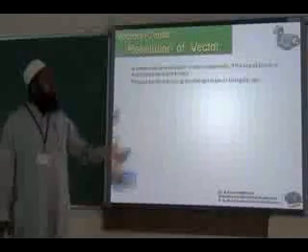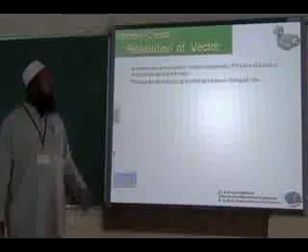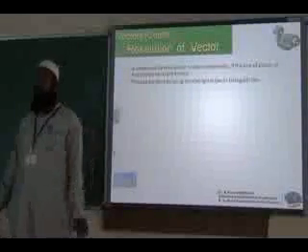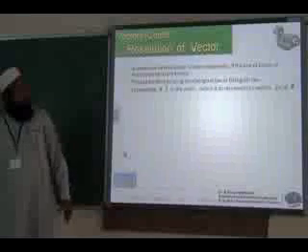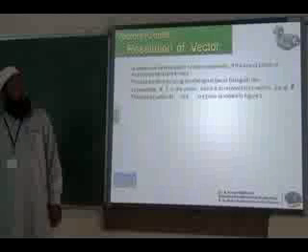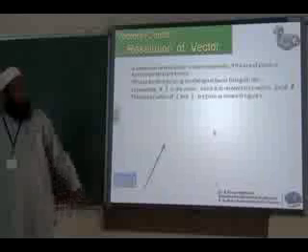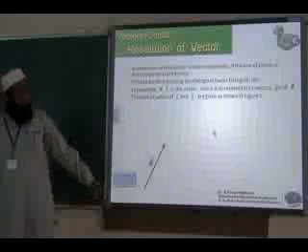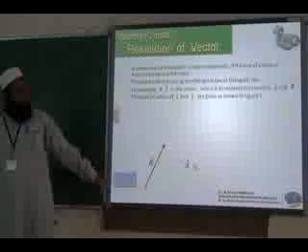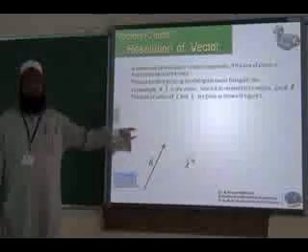So a vector can be resolved into two components if the lines of action of the two components are known. This can be done by using parallelogram law or even the triangle law. For example, you have R vector whose two components are to be found. A and B are the two components. Say the lines of action of vector A and B are given. This is the R vector, line of action of A, line of action of B, the two are given. Now we have to construct the parallelogram from the R vector.